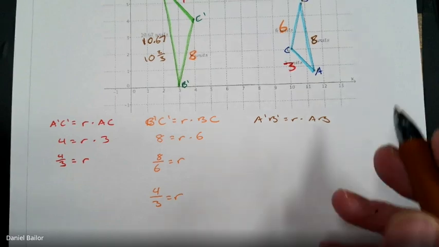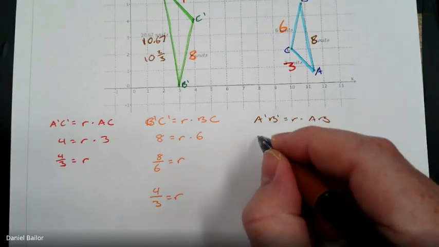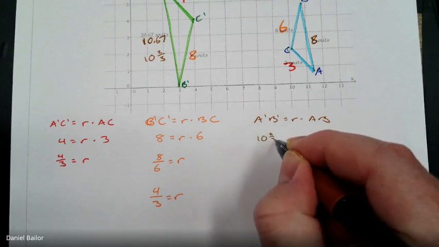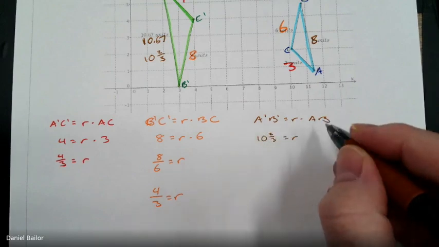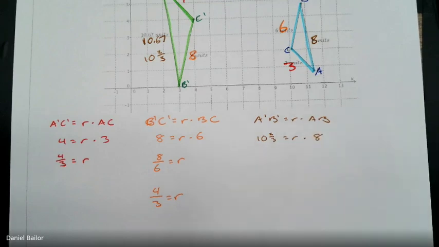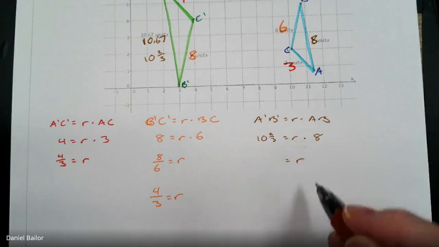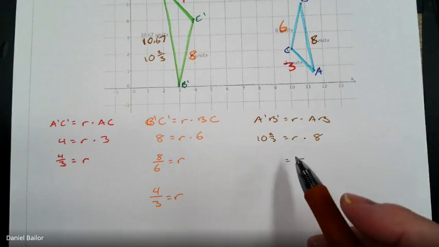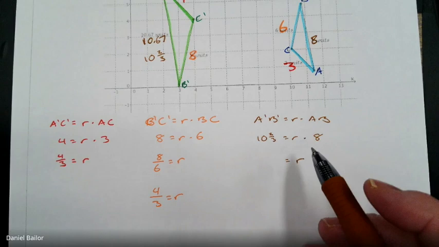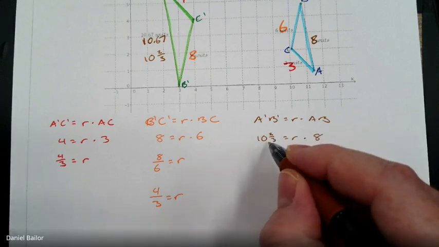Let's check AB. A prime B prime was 10 2/3. AB was 8. So I need to divide by 8 to get R by itself. And you have 10 2/3 divided by 8, which the way you do this is you turn this into an improper fraction.